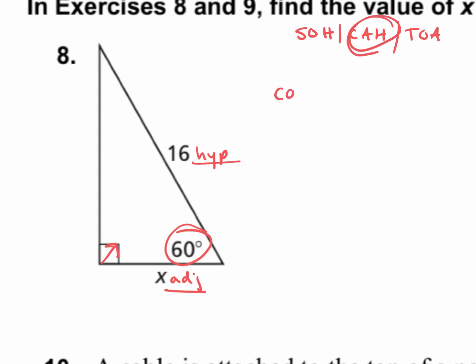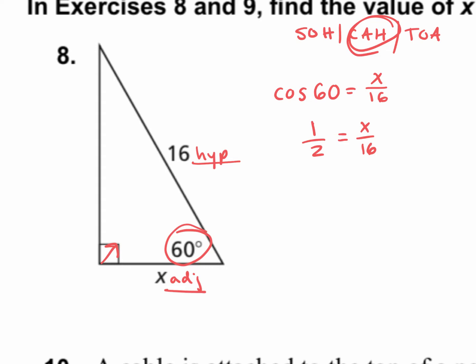So we want to take the cosine of 60, and that's equal to adjacent over hypotenuse, so x over 16. 60 is one of our special right triangle ones. So cosine of 60 is 1/2. We know that just by looking at that chart from 9.1. So 1/2 is equal to x over 16.